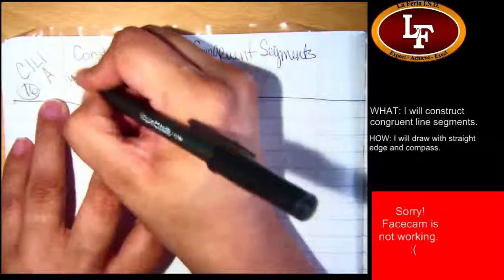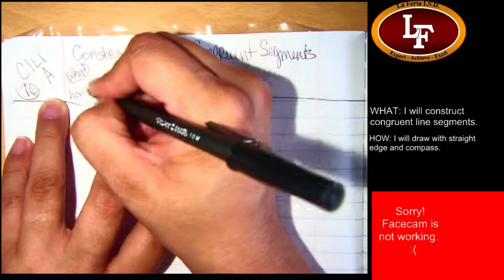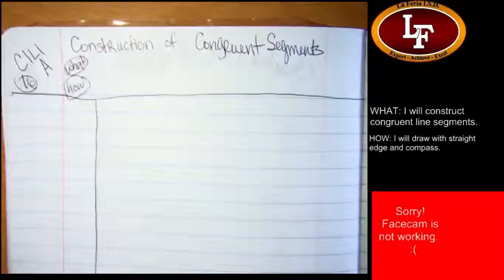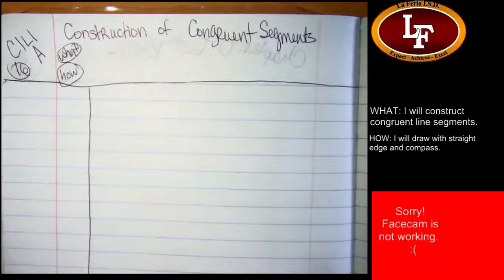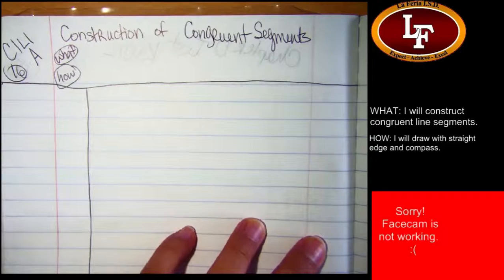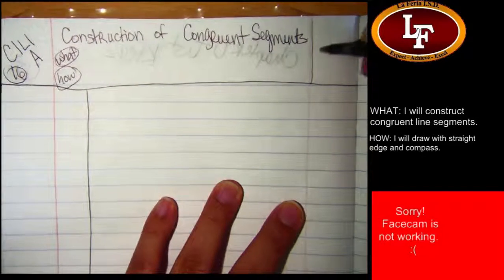Please make sure you take a moment to write your content objective, the what objective, and the language objective, the how. They are listed on the projector under the La Feria logo. If you can't read that because it's still too small, you'll find it on the whiteboard to your left, my right.